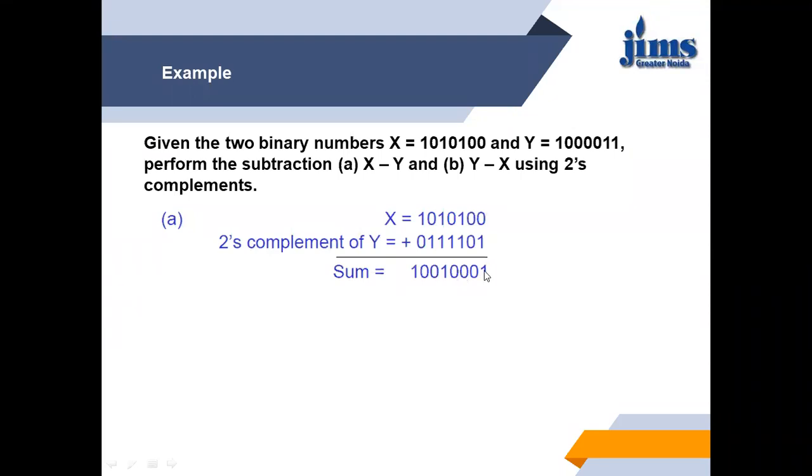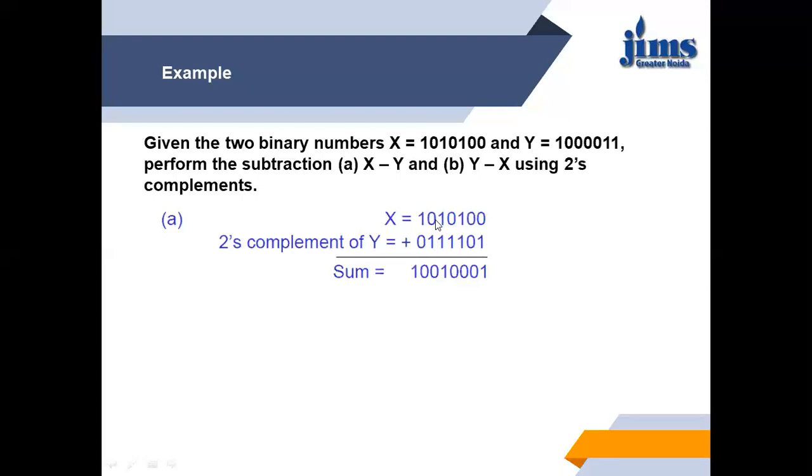Now we have to check the number of bits: the number of bits in x and y must be equal and the sum should be of the same number. So here 1 2 3 4 5 6 7, x is of 7 bits, and y is again 1 2 3 4 5 6 7, y is of 7 bits. So our sum should be of 7 bits. The result has 1 2 3 4 5 6 7 8, 8 bits, that means there is a carry.